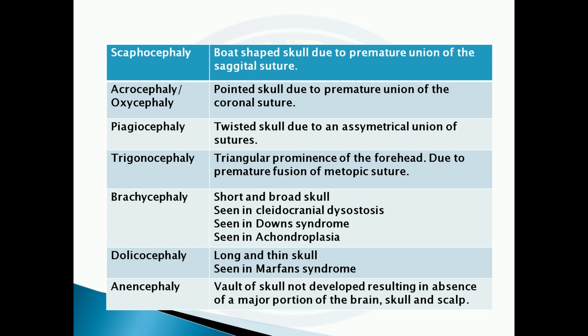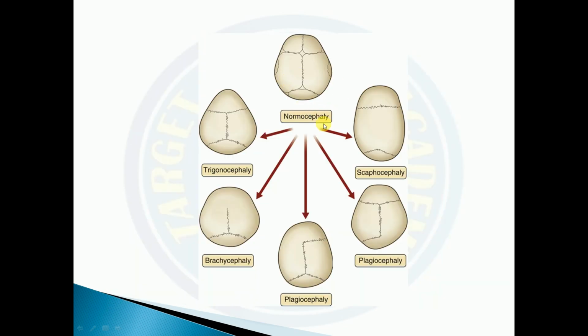Coming on to the scaphocephaly, that is the boat-shaped skull due to premature union of the sagittal suture. This is the scaphocephaly.